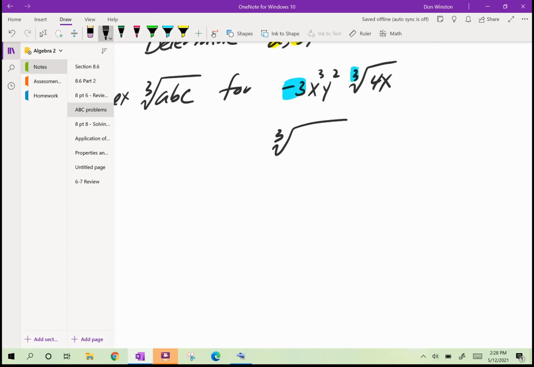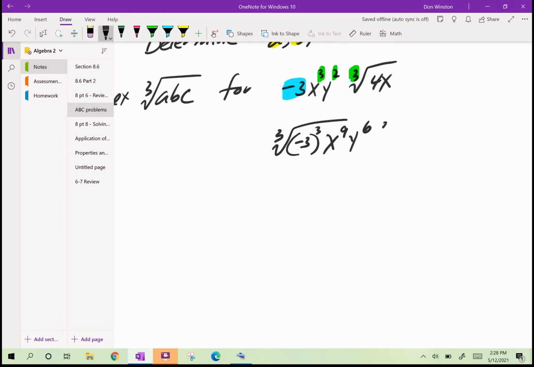Remember, with the numbers, we're going to raise it to that index, so negative 3 to the third. But with the variables, we just multiply. So 3 times 3, that will be x to the ninth. And then 2 times 3, that will be y to the 6th.